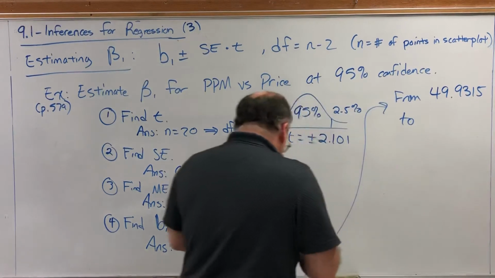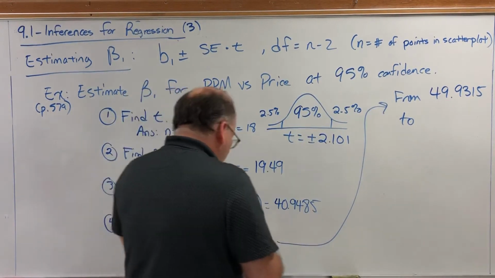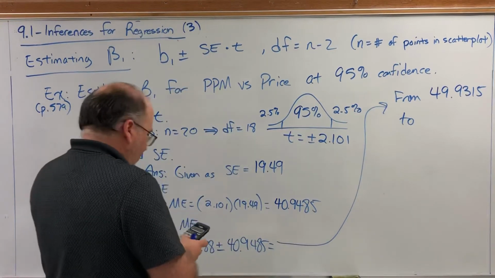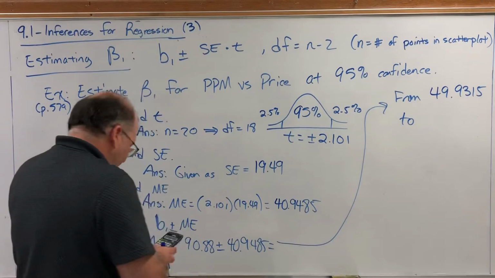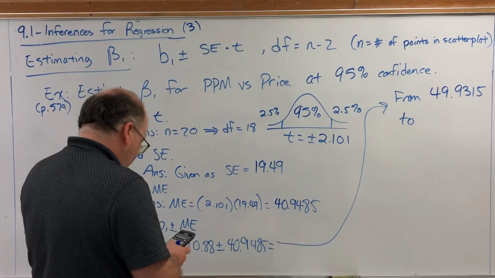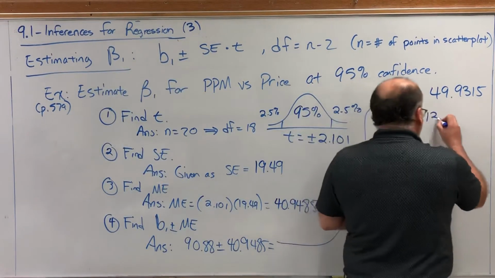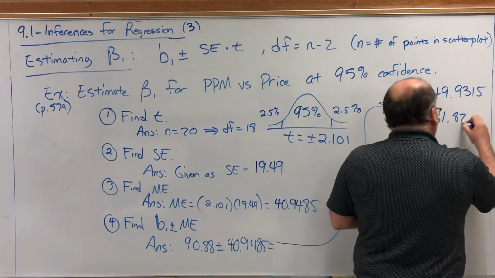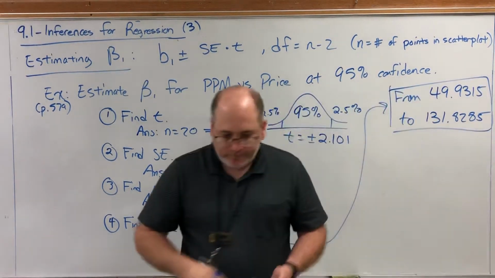And if we find the sum, oh, that's not right. The sum is 819,019. I don't think so. I think I forgot to type the decimal. 131.8285. So as a confidence interval, there's my answer.